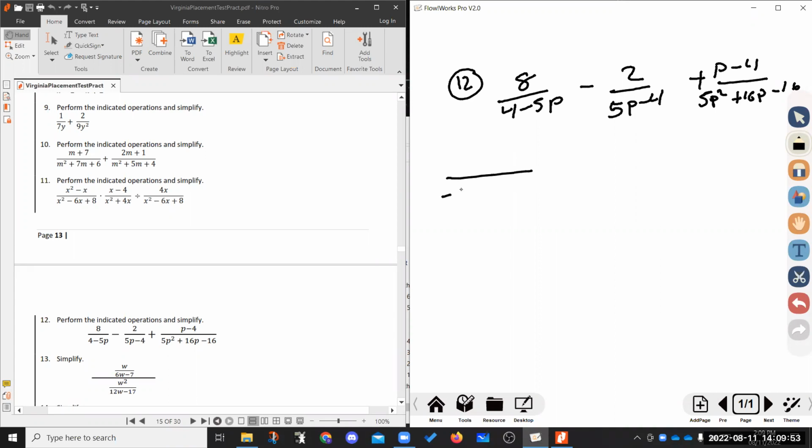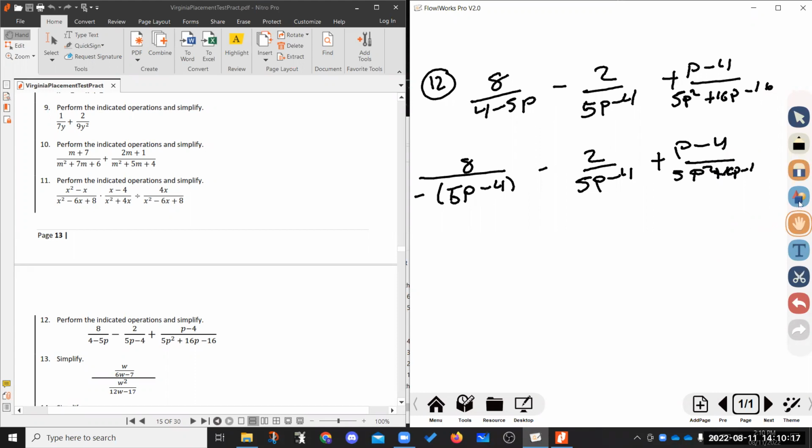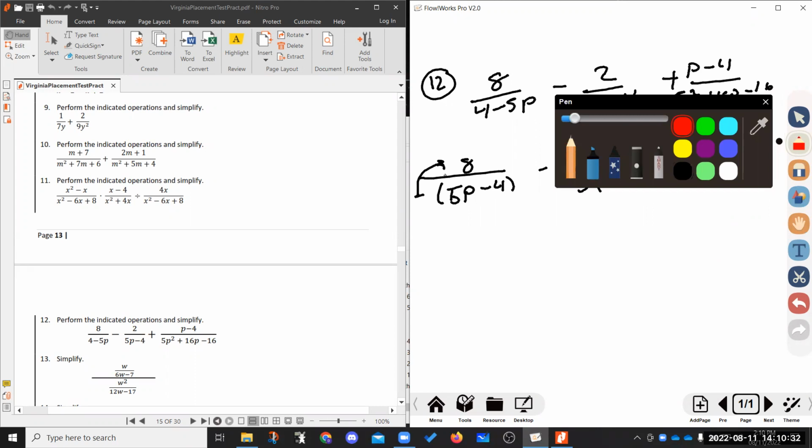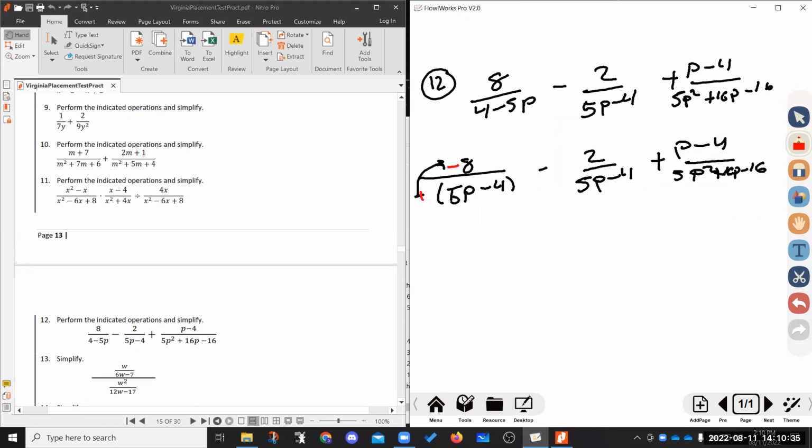So I'm going to factor out the -1 from this term and move it to the numerator, so that I make it a -8 and a positive denominator down there.